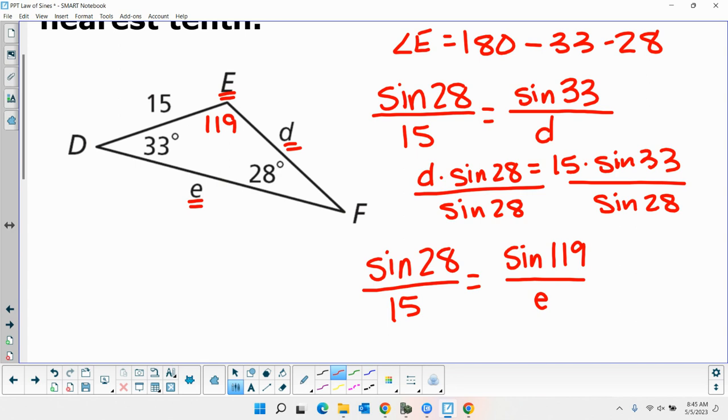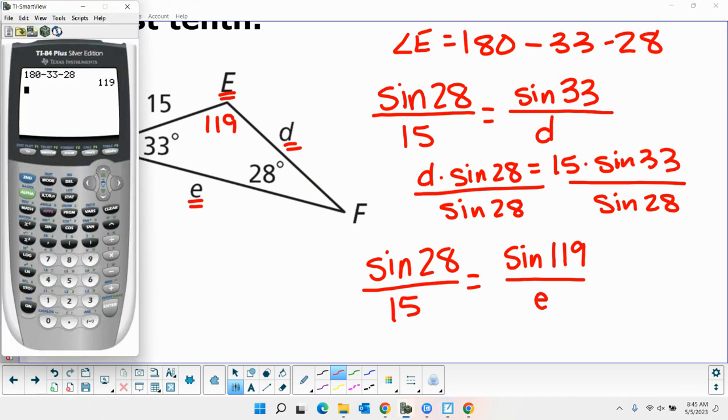When I do that, 15 times the sine of 33 divided by the sine of 28, we're going to have our side length. All right. Again, I better check, make sure I'm in degree mode. Yeah, I'm in degree mode. So just hit the mode button and make sure degrees is highlighted. Just hit clear to get out of there. All right. So 15 sine.